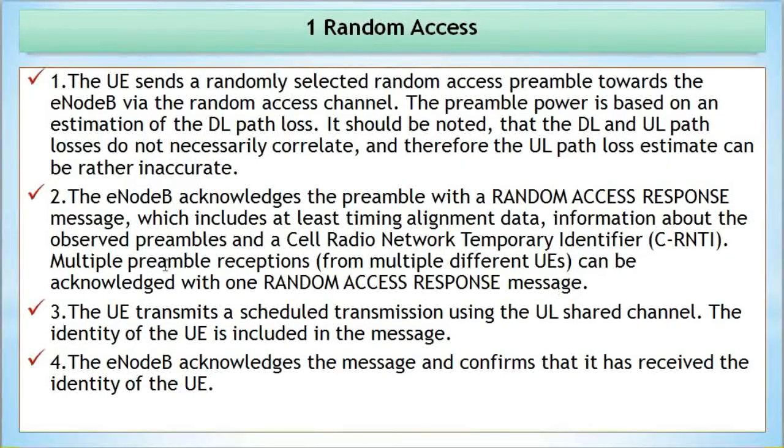Third point, the UE transmits a scheduled transmission using the uplink shared channel. The identity of the UE is included in the message. The eNode B acknowledges the message and confirms that it has received the identity of the UE.